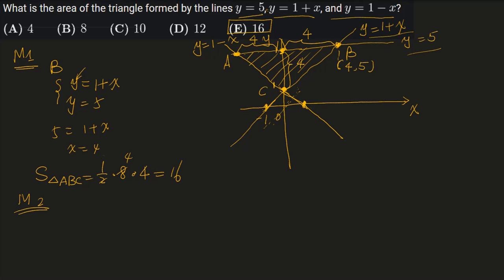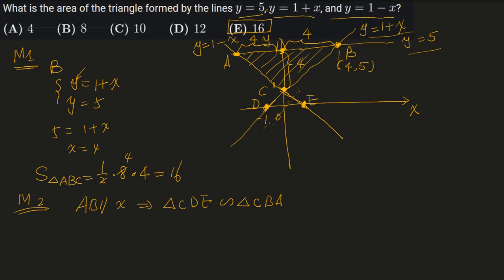By the fact that AB is parallel to the x-axis, right, let's denote this point D, and this E. Therefore, we know the triangle CDE is similar to triangle CBA, right?